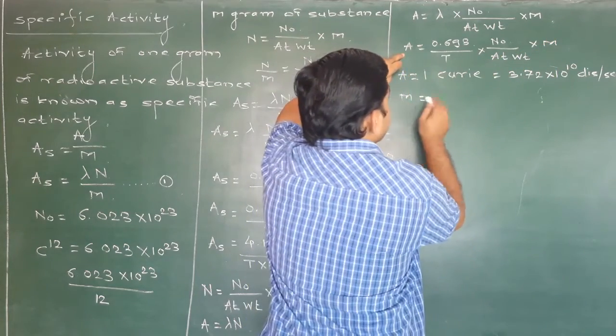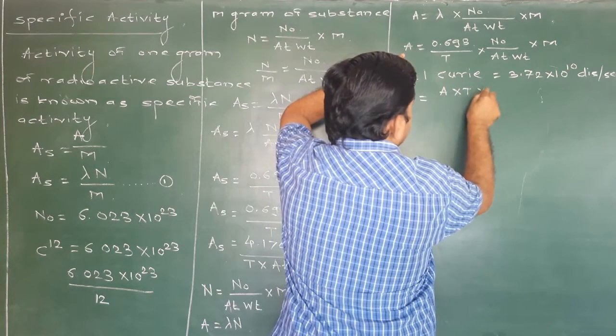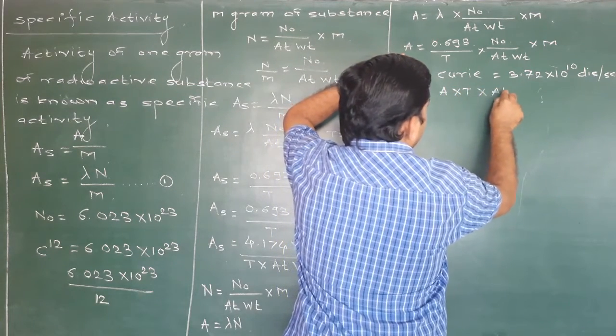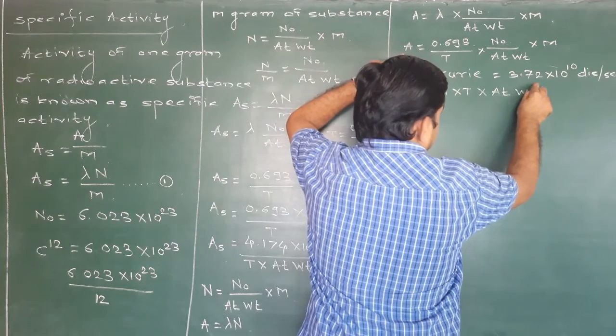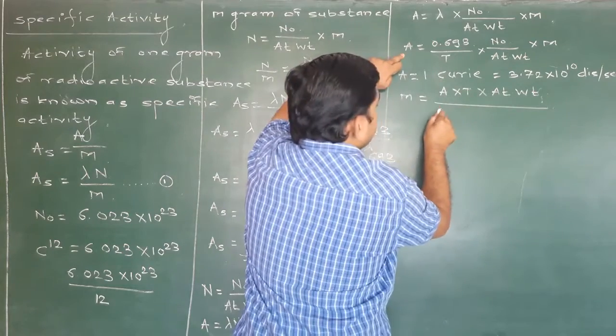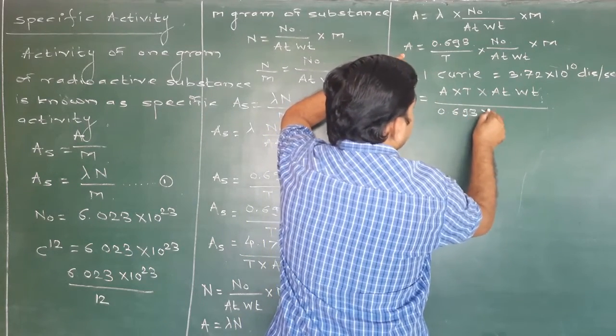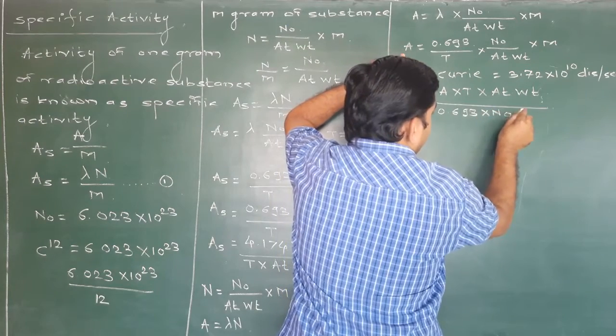It is m is equal to A into capital T into atomic weight divided by 0.693 into N0.